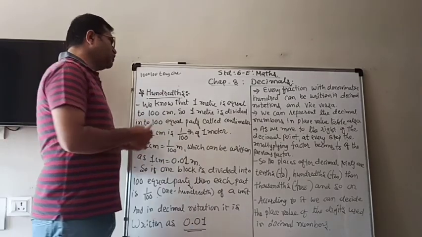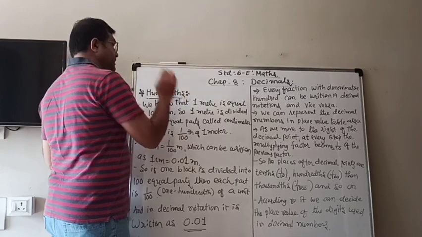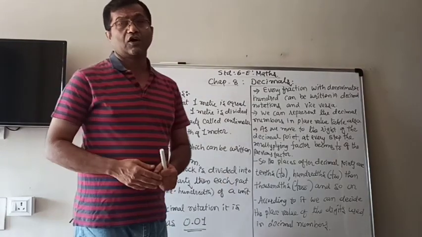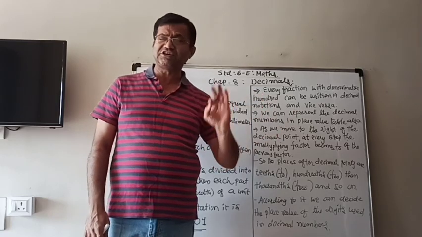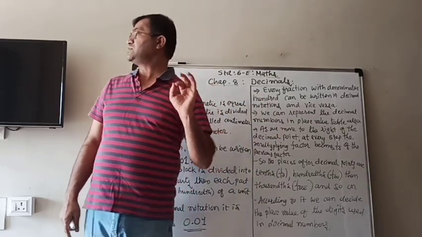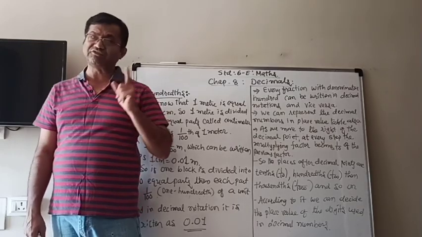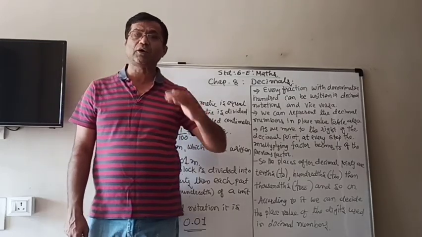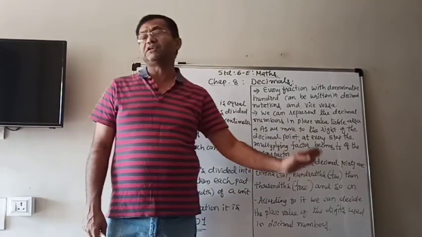Now, as you move to the right side of the decimal point, we saw that the first digit is in the place of tenths, which is 1/10.